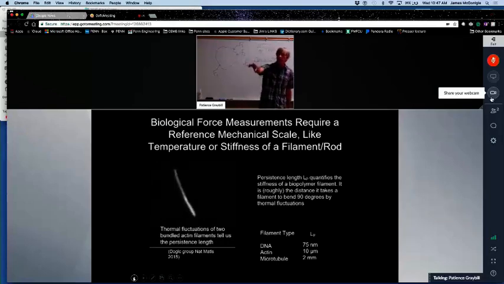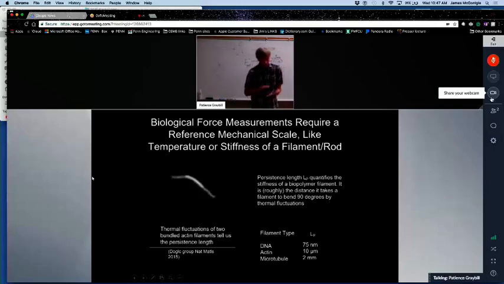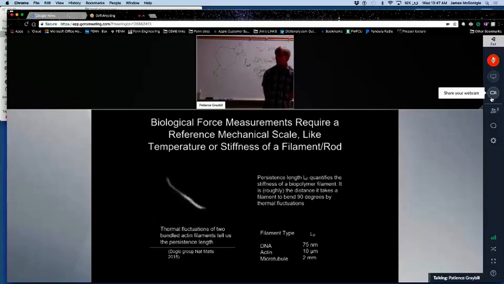And here you can see that it's bent, you can roughly make out the radius of curvature in this movie. If you look, for example, at this end, you can see it bending with a certain radius every so often. Sometimes it goes completely flat, other times it bends. But from looking at these kinds of movies, we can figure out what the persistence length is, and thereby quantify how stiff the filament is.